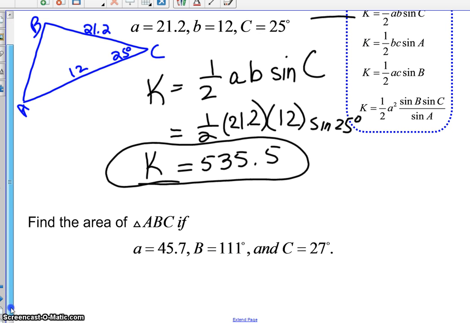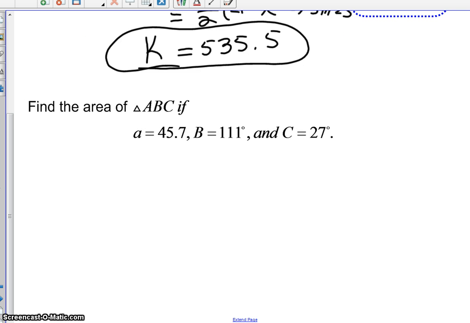Let's look at another example here. Now we are given an A, but this time we're given an angle B and an angle C. That's how I know, because of the capital A and the capital C. Again, for these, drawing them out isn't going to help.